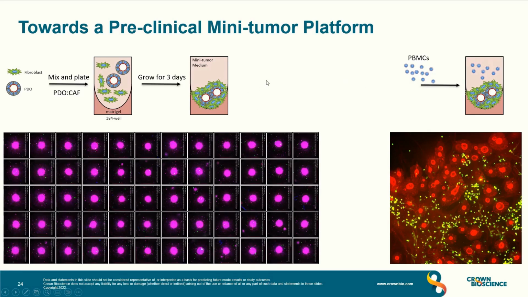So we're trying to set up a preclinical setup where we have high throughput capabilities to study these mini tumors. And if we zoom in on the right side, we have already quite a nice example of tumor organoids that have been cultured with PBMCs, and we can quantify infiltration into these mini tumors and killing when we stimulate with different drugs or superantigen.